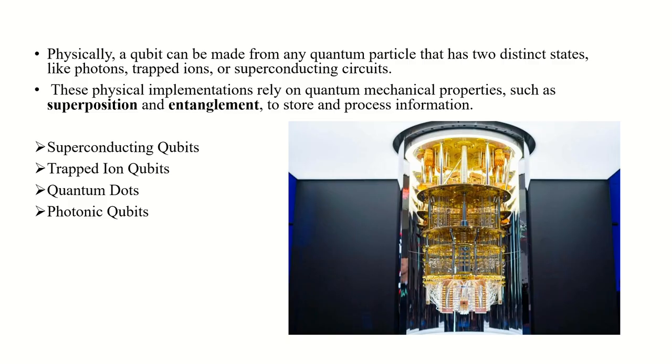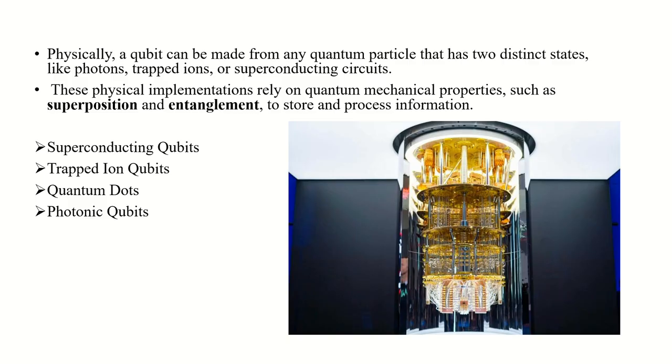Now let us look at some of the physical realizations of qubits. Our first one is superconducting qubits, used in IBM and Google's quantum computers. The concept is that special circuits are made with superconductors, materials with zero electrical resistance at very low temperatures.